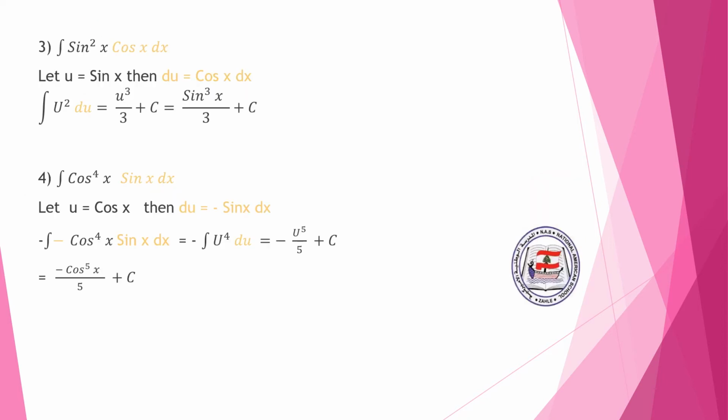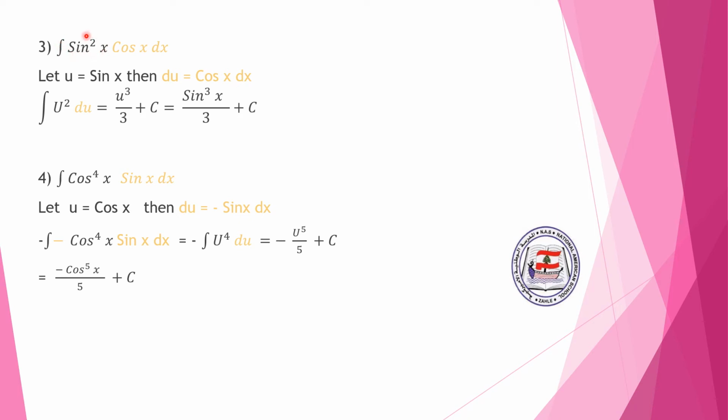Example 3, integral of sine squared of x cosine x dx. In the integration of a trigonometric function, we need to take the substitution of the highest degree, so take u equal sine x. The derivative of u is equal to cosine x dx.